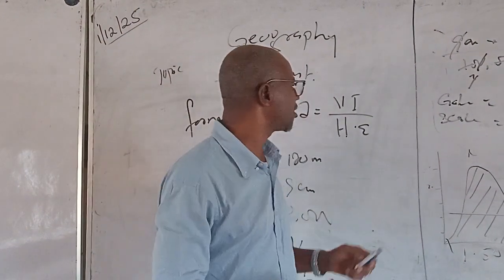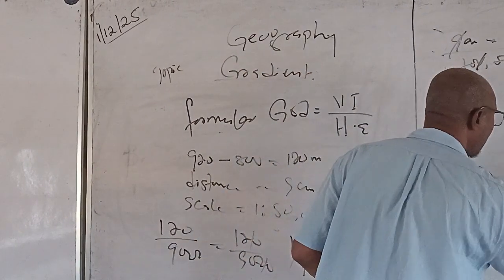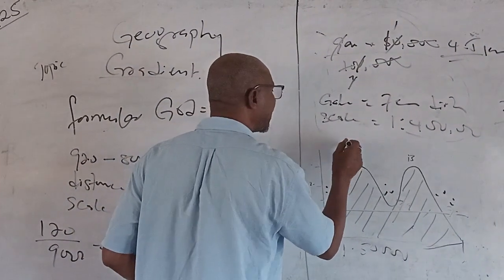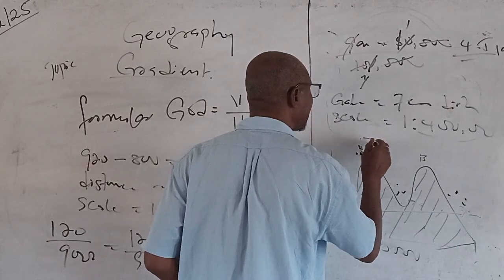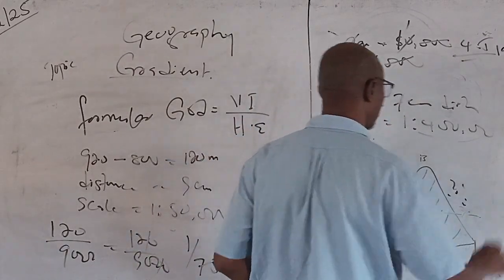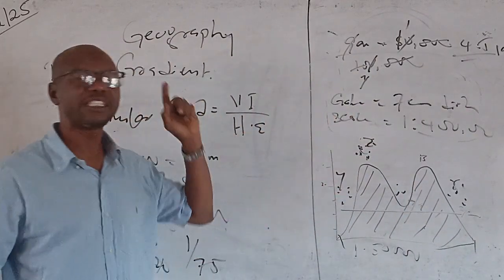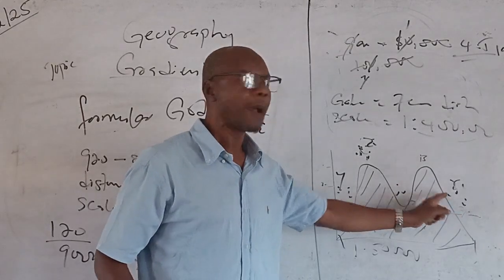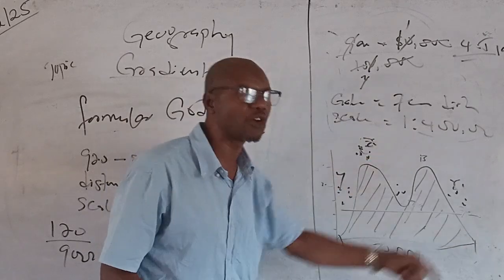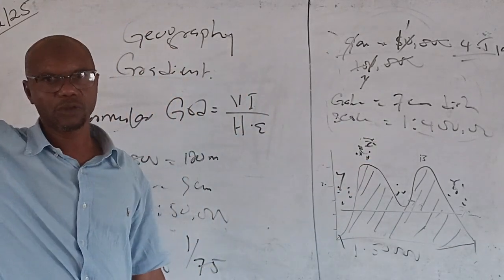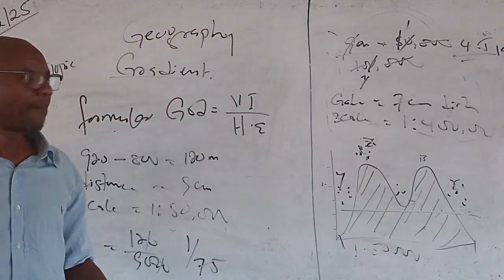Like now, if there is a settlement here and another settlement here, this settlement is Z, here is Y, here is X. Let me tell you, settlement Y cannot see settlement X. But settlements X and Z can see settlement Y because they are on top of the hill. This is what they use to target an enemy on the ground.